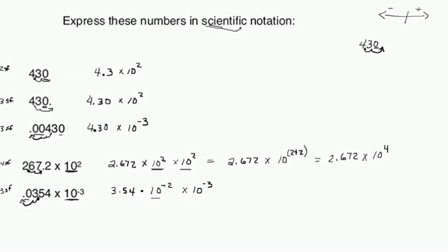So we take these 2 powers of 10 and add the exponents together, and we'll get 3.54 times 10 to the negative 2 plus negative 3. And when we add negative 2 and negative 3 together, we get negative 5. So our final answer is going to be 3.54 times 10 to the negative 5.